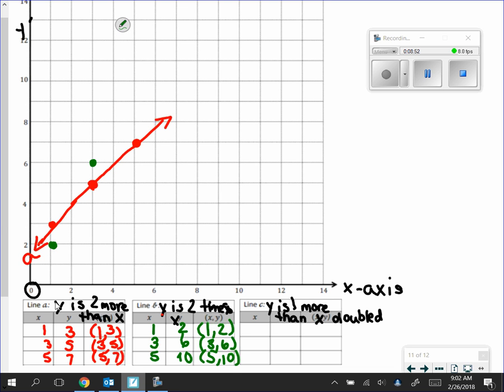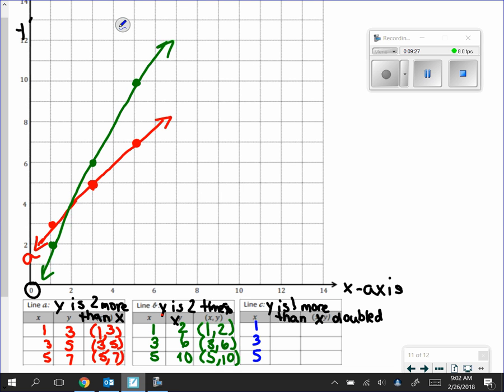5. Y is 1 more than X doubled. So I might go 1, 3, 5 again. Because even though my X's are the same, I have my points in the same spot.